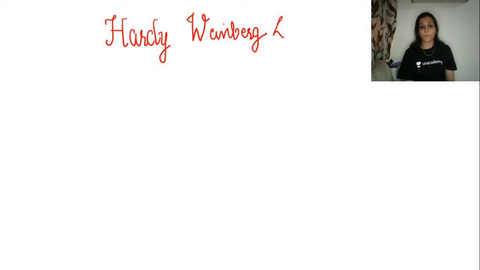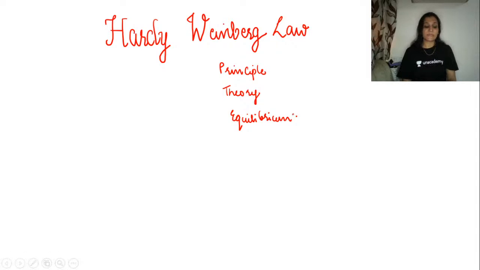Hardy-Weinberg's law. Now this Hardy-Weinberg's law can be called a law, a principle, a theory, or any word which can be used. So all are one and the same thing.